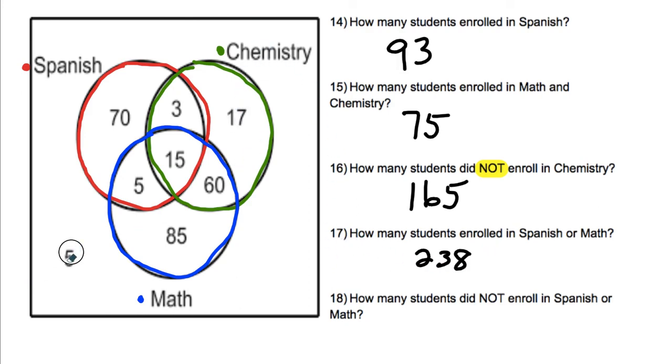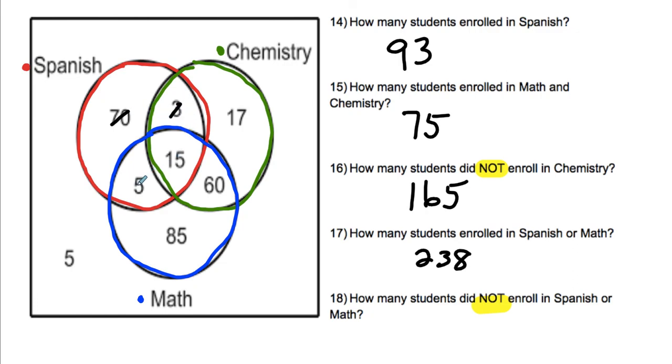All right, erase this. I got one more question left. How many students did not enroll in Spanish or math? All right, so here's that not problem again. Did not enroll in Spanish or math. Well, I'm going to find everyone who did enroll in Spanish or math. So they enrolled in Spanish, so I'm going to cross them off.